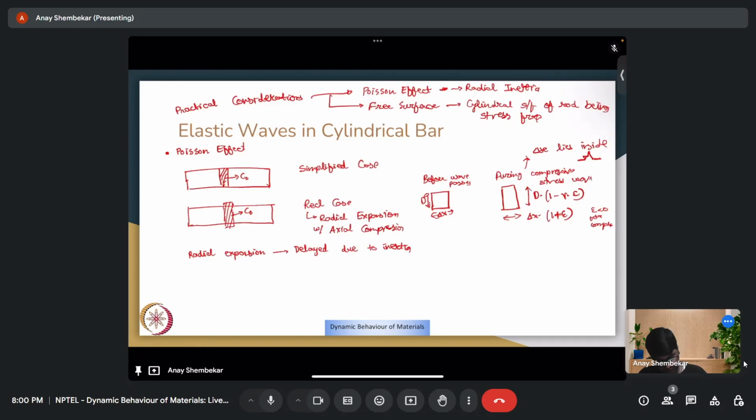Oh, I forgot to add this. So C naught is equal to root of E by rho, my wave's velocity for a 1D uniaxial stress.